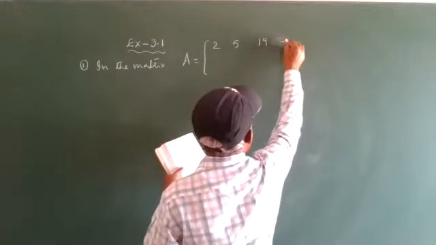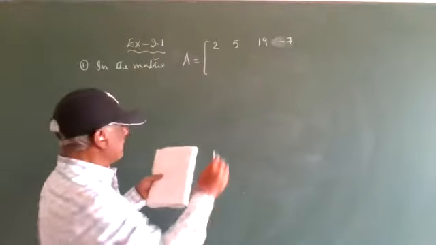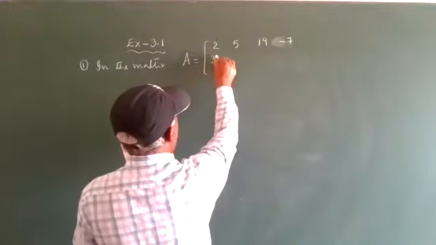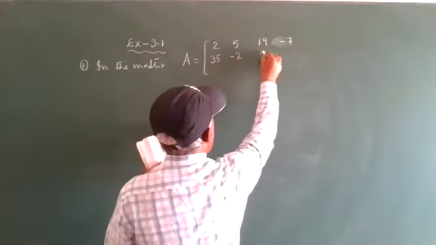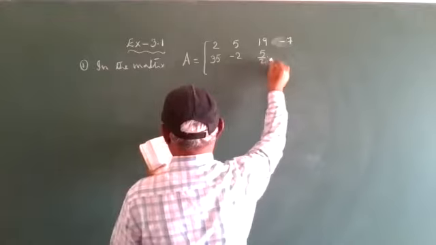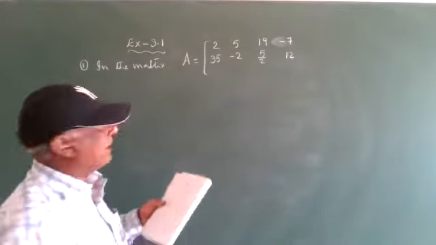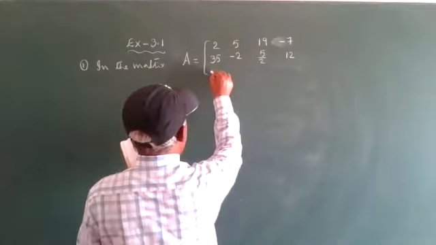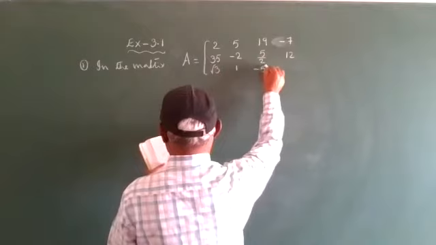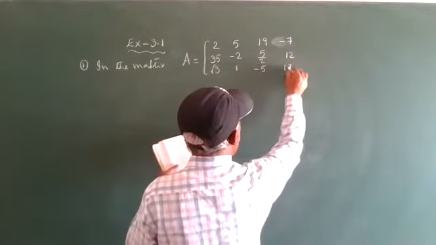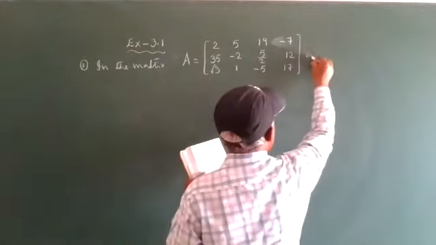The second horizontal line is 35, minus 2, 5 by 2, 12. Next, the third horizontal line is root 3, 1, minus 5 and 17.